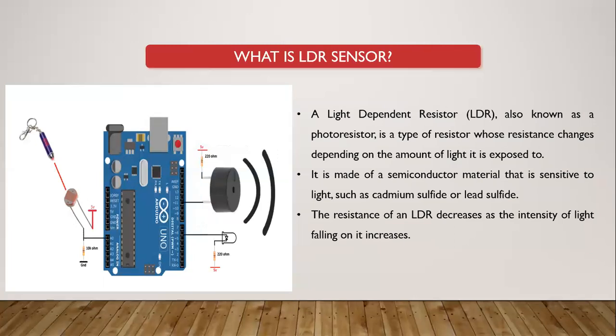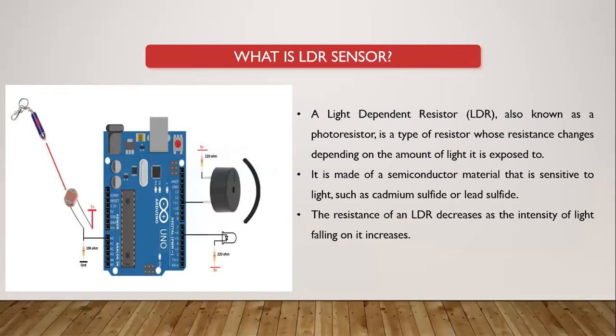If there is more brightness in the surroundings, the screen brightness will automatically reduce. If there is no brightness, like at night time, the screen brightness will automatically increase. So it's a very good sensor that we can use in practical applications.